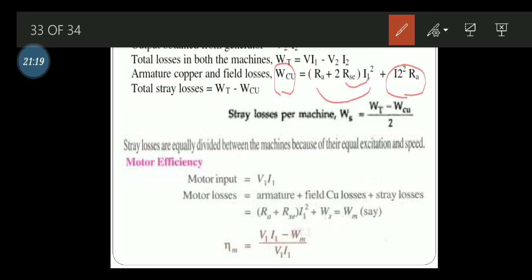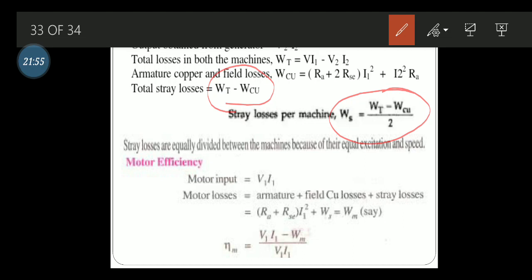the series field winding of the motor as well as the series field winding of the generator. Since that is multiplied by twice I1 square into RSC, the final stray loss is given as the difference between the total losses and the armature copper loss, that is WT minus WCU. Then the stray loss per machine is half of that, WS equals (WT minus WCU) divided by 2.